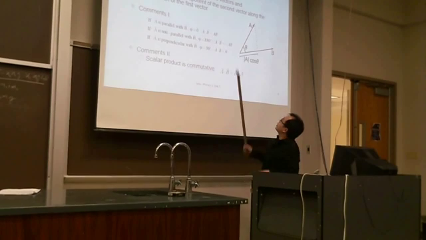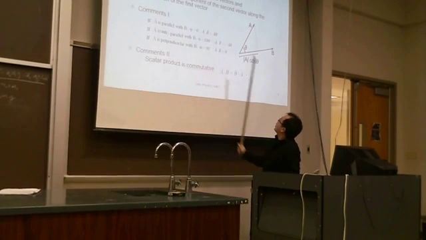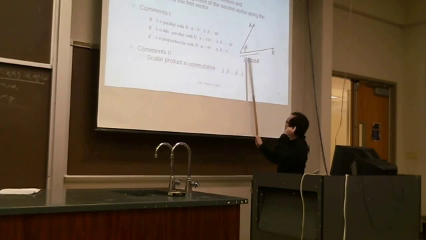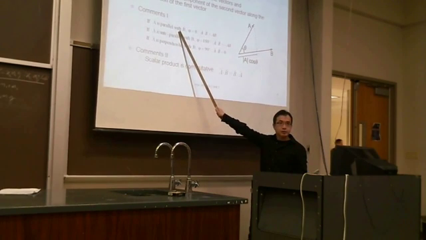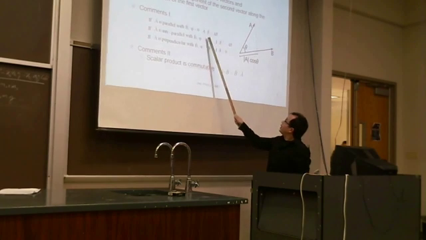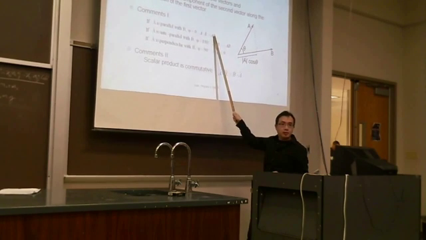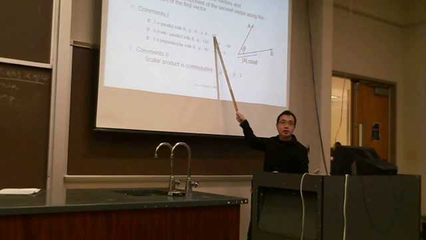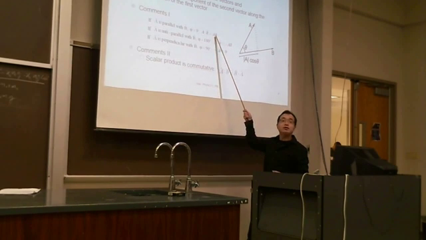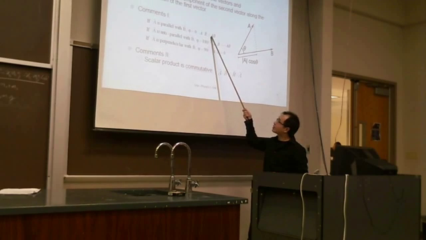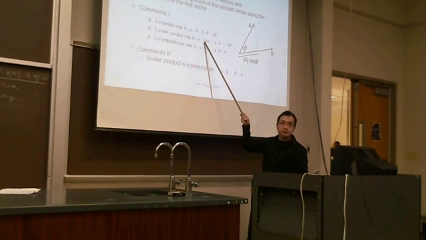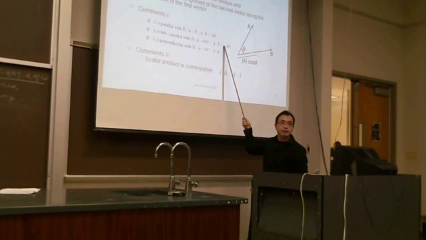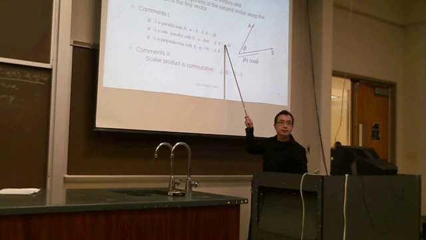Of course, in some special cases, if A is parallel with B, then A dot B is simply the product of the two numbers. It will give you the maximum value of the inner product. If A is anti-parallel with B, then you get negative AB for the inner product. It's the minimum number for the inner product.